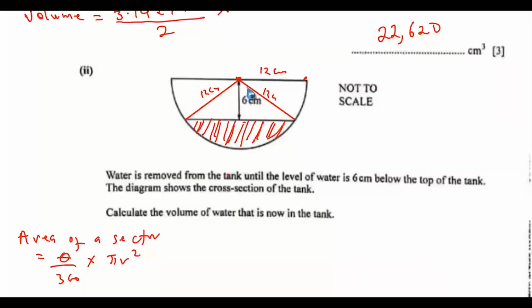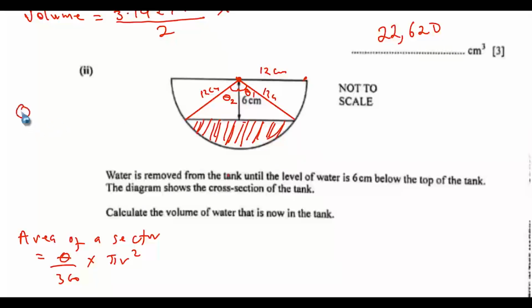If you look at it, the whole of this will be the theta, but we can find this bit by bit. Let's call this theta 1 and this one theta 2.